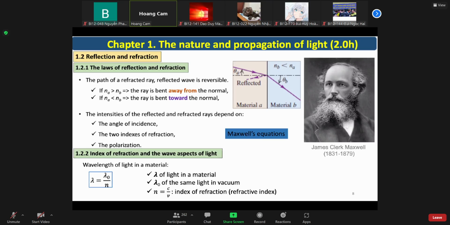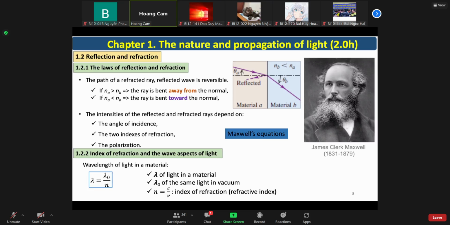Now if we write it in terms of frequency, the wavelength will be equal to the velocity divided by the frequency f. Because the period T means the time, the duration that the particle finishes one oscillation.